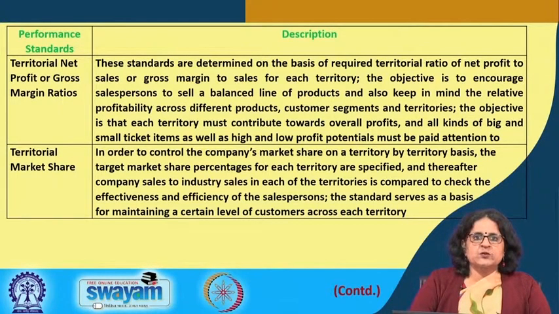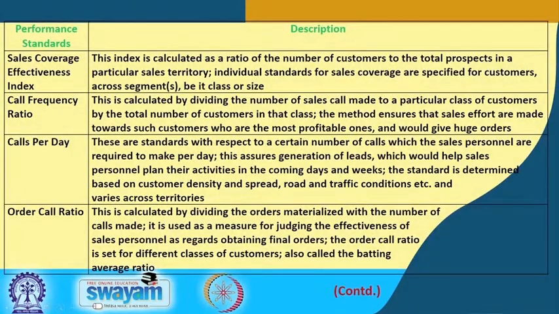Companies would always want large market shares in every territory that they are serving, and to ensure this, they prescribe this standard. Once the appraisal period is over, every quarter or every half year, the company sales to the industry sales in the territory is assessed to check the efficiency and effectiveness of the sales force.